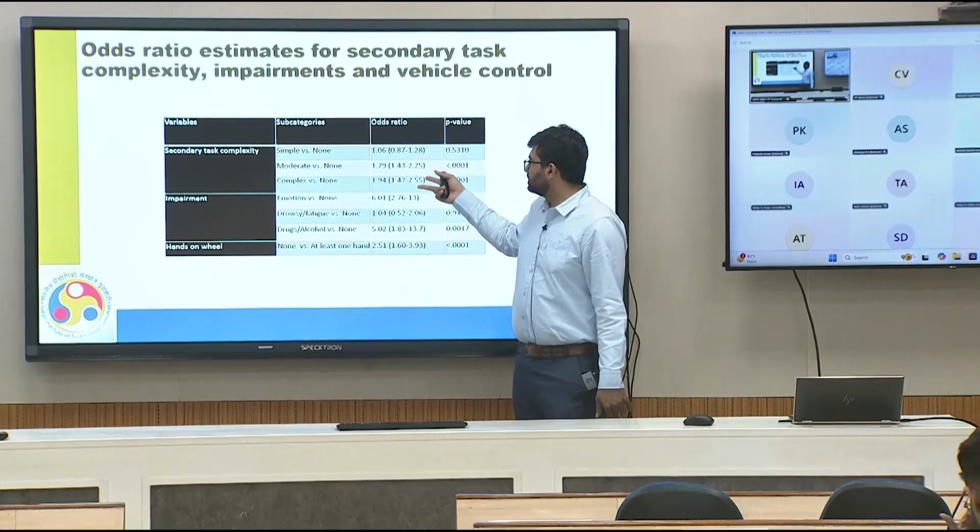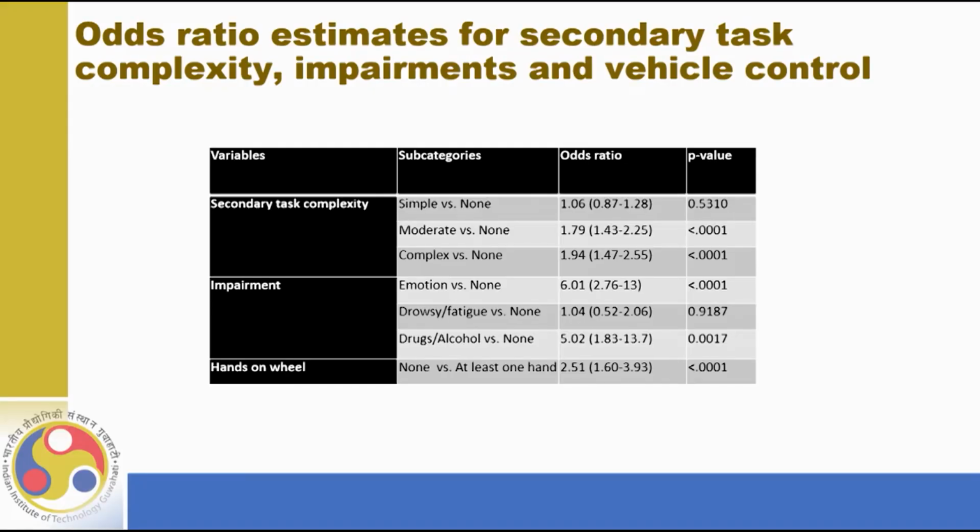In the next analysis, rather than dividing the tasks into types, we divided them according to their nature, according to their complexity. What we found is that the simple, less complex tasks are not associated with significantly high risk.